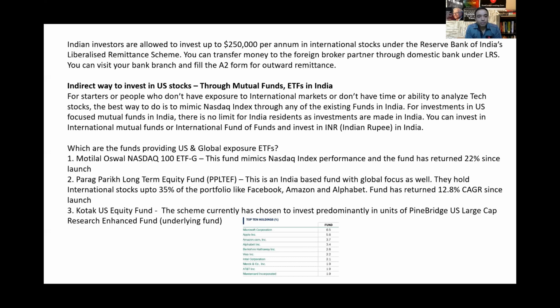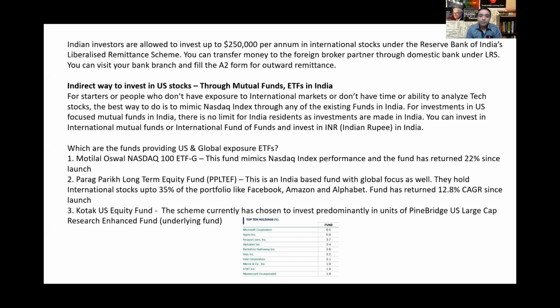Then we have the Parag Parikh Long Term Equity Fund, which is PPLTEF. It's been running since long. I think this fund is again an India-based fund with a global focus. So this is not mimicking any underlying index in the US. It's more of complementary additional stocks that are global facing.